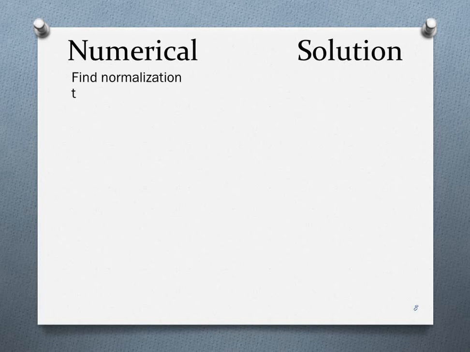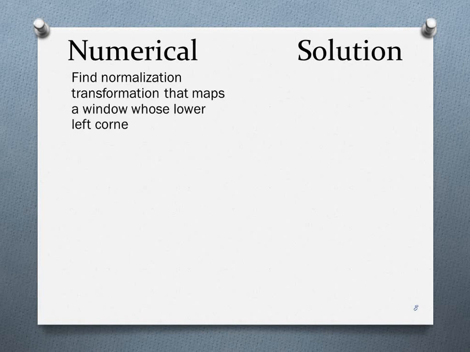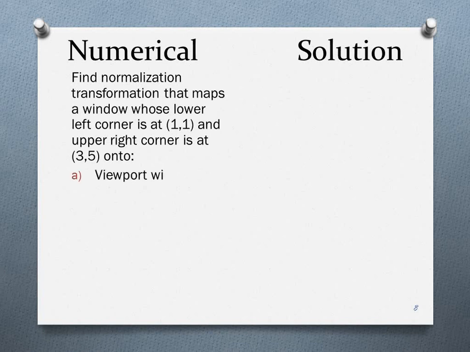For example, find a normalization transformation that maps a window whose lower left corner is at 1, 1 and upper right corner is at 3, 5. So we are given the values of the lower left corner, meaning Wx minimum and Wy minimum, and the upper right corner, meaning Wx max and Wy max.